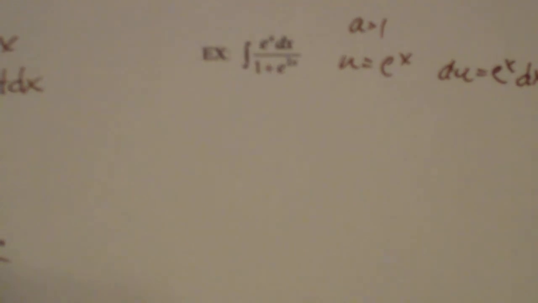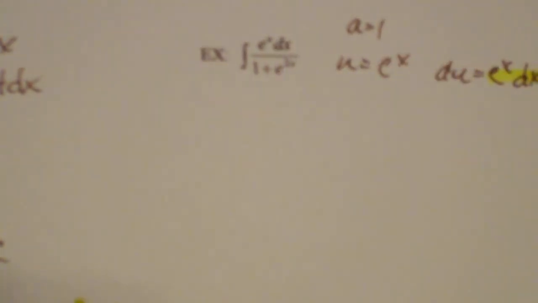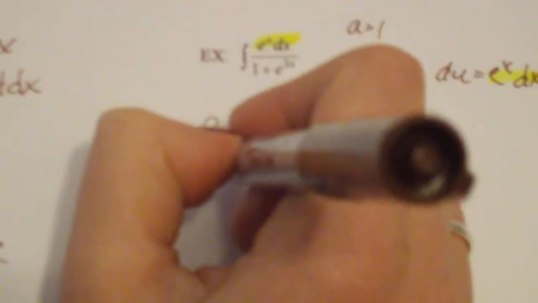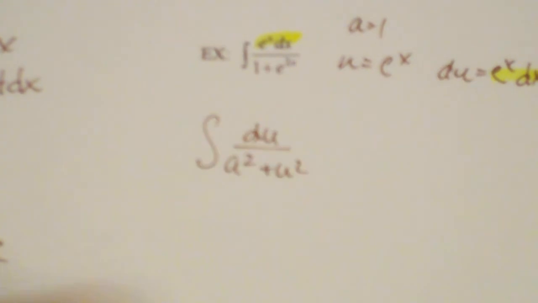And again, look at what's happening here. I need e to the x dx for du, and that's exactly what I have sitting on top of my fraction. So when I rewrite this, I've got the integral of du over a squared plus u squared.